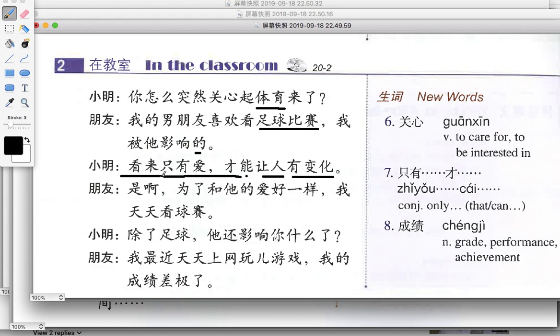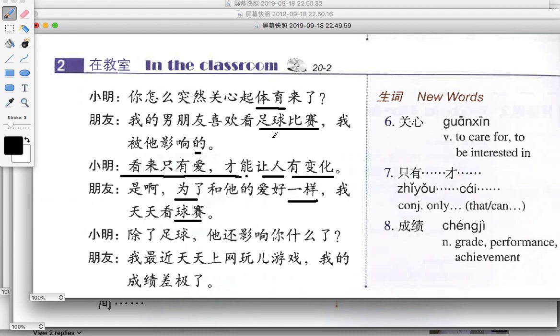Looks like, appears to be. 朋友说：“是啊，为了和他的爱好一样，我天天看球赛。”Yeah, 为了 blah blah blah means for, in order to. 为了去中国，我每天学习汉语，对吧？In order to go to China, I learn Chinese every day. 为了和他的爱好一样，和什么什么什么一样, to be the same as. 我天天看球赛。I watch football competition every day.